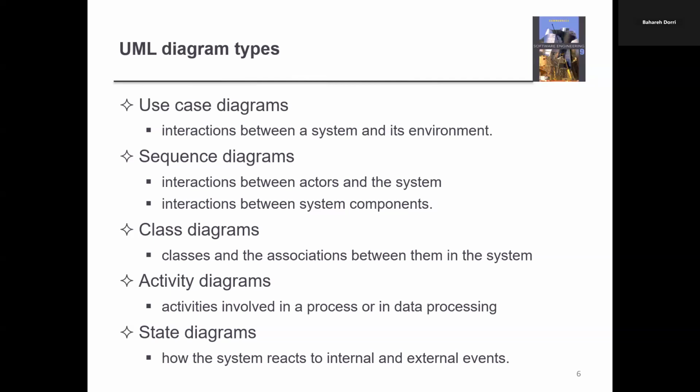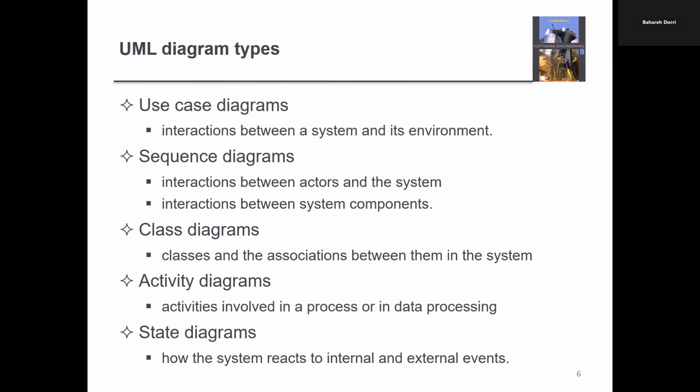Activity diagrams come next. These are similar to flowcharts. They show the flow of actions in a process, whether it is a business workflow or a step-by-step algorithm. They are really helpful for modeling logic and parallel activities in data processing. And finally, we have state diagrams.